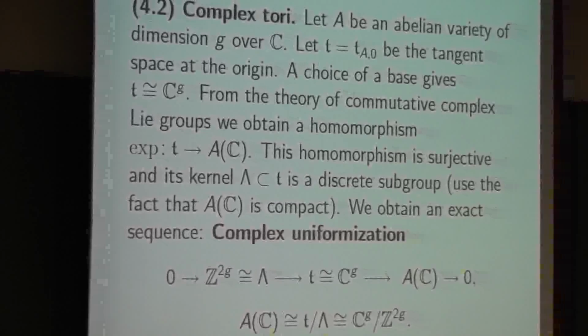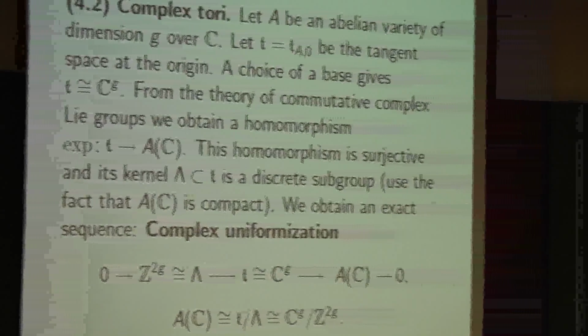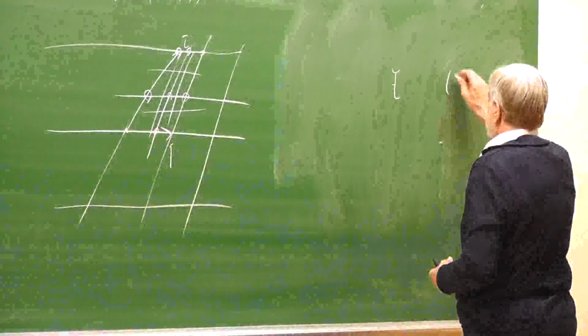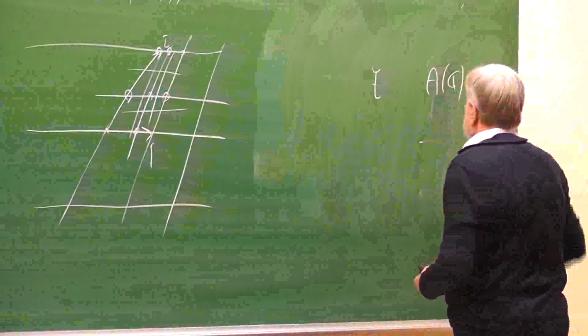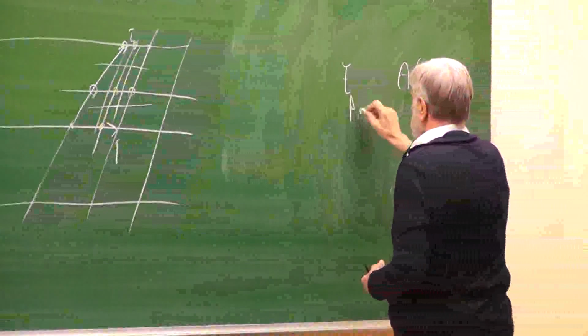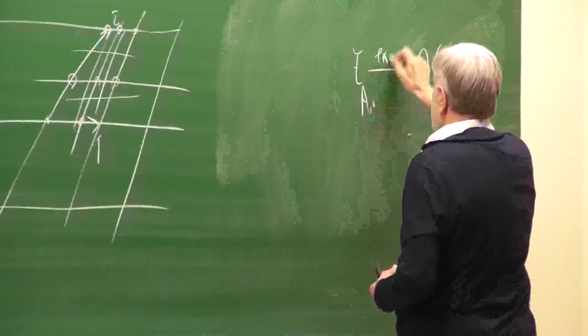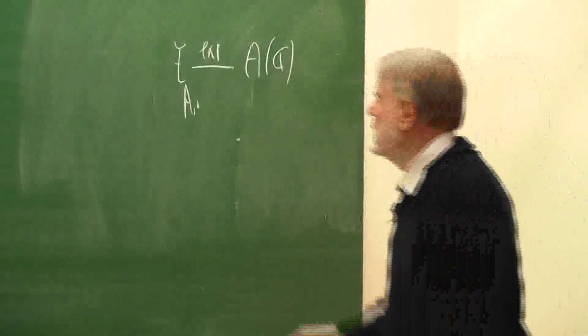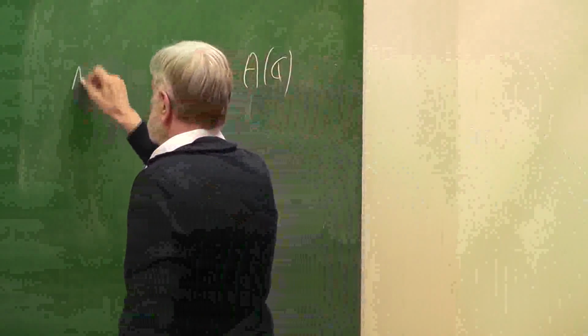If you have an abelian variety over the complex numbers, you can take its tangent space and you can take an exponential map in the sense of complex Lie groups, and you can take its kernel.